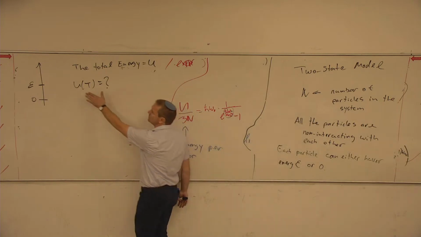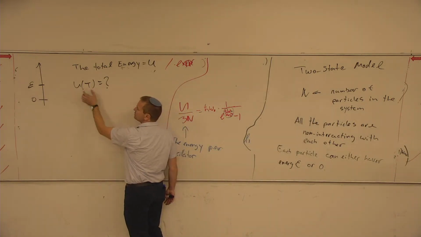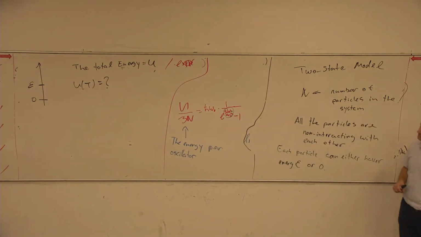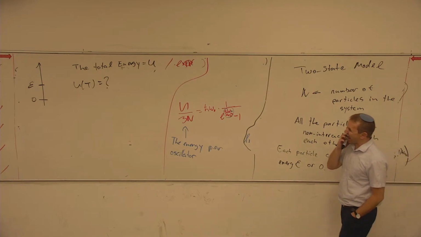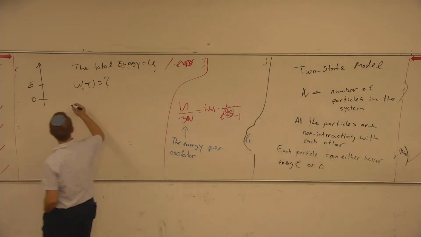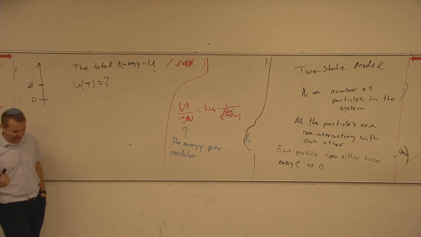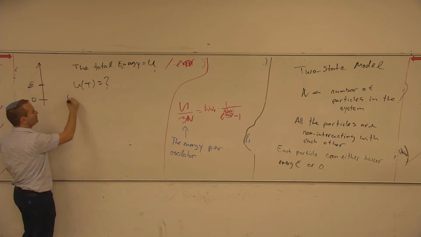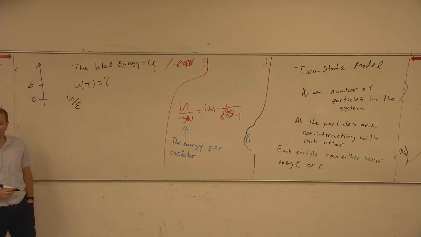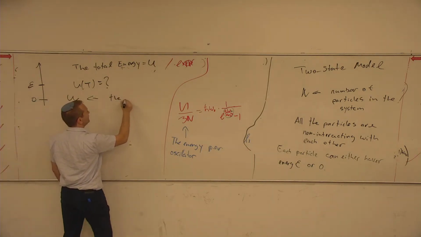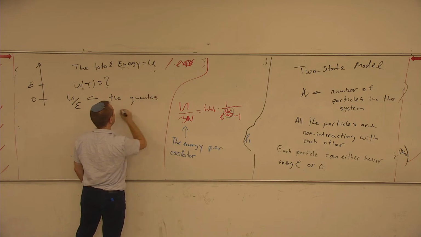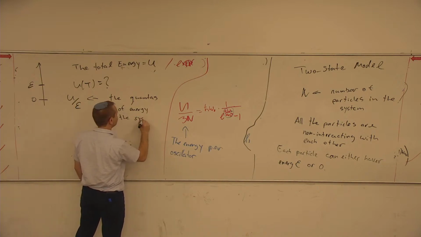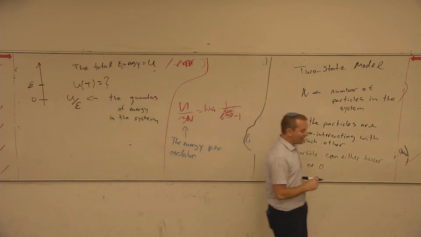So our goal is to obtain a connection between the energy and the temperature. So what do we do? We say that U is M multiplied by epsilon. So we go in the same spirit as in the Einstein model. Here we have quanta of energy. So the total number of quanta of energy in the system is U divided by epsilon. How many boxes do we have?